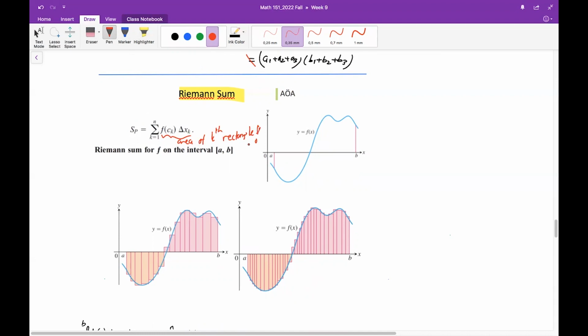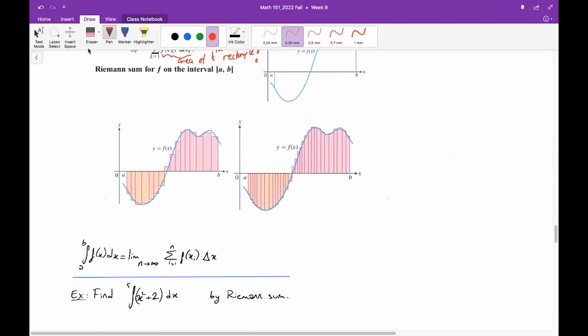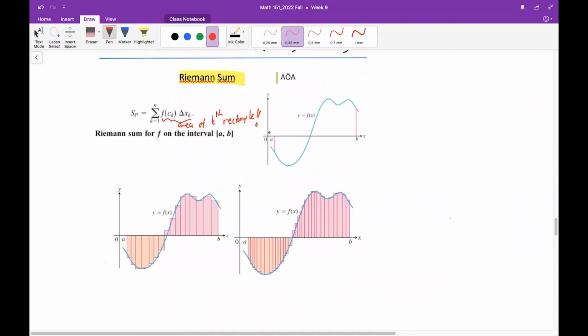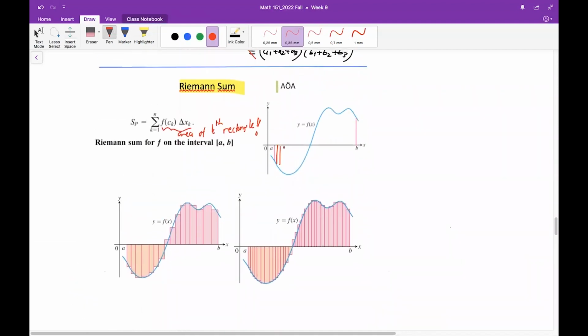So how? Let me show you through the figures. For example, this is our curve and we want to approximate the area under this curve by using approximating rectangles. Okay, our aim is this one, to estimate the area under the curve by using approximating rectangles.